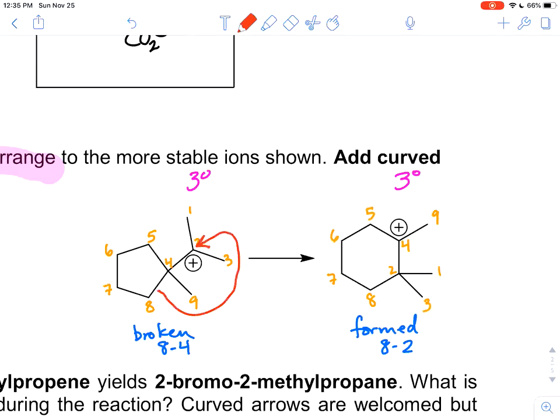So I'll just erase all of the numbering stuff, but this is one way of doing it, starting at the 8-4 bond and ending at 2. So now 8 is in a bond with 2, and 4 lost electrons and didn't get any back, and that's why 4 has a carbocation. It would have been just as correct to show your arrows like this. That does essentially the same thing because of the symmetry plane in that molecule right there.